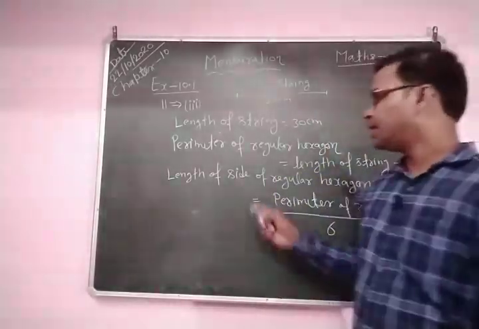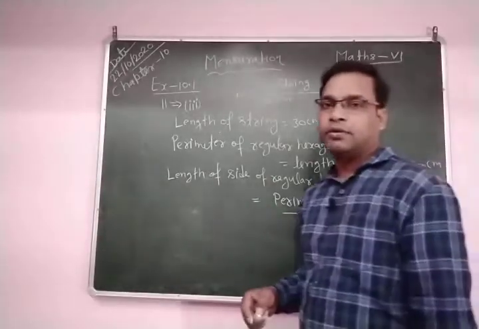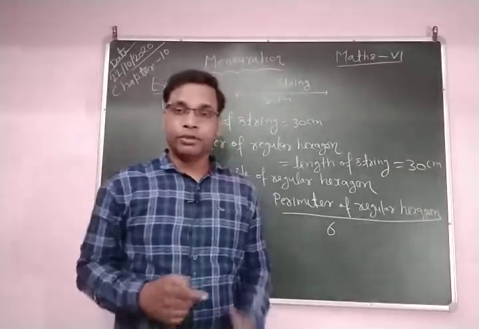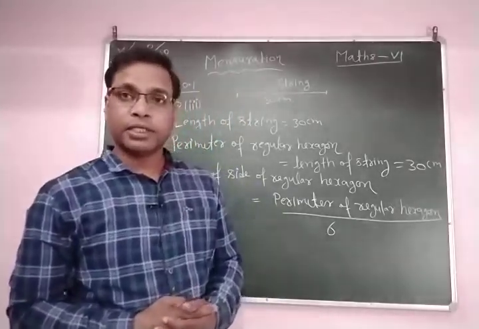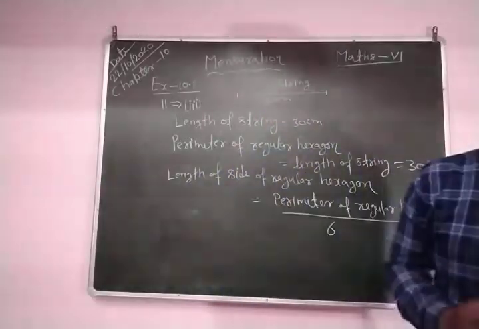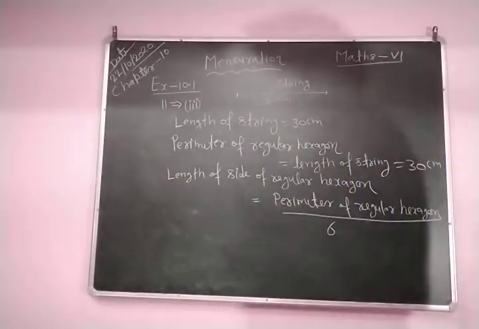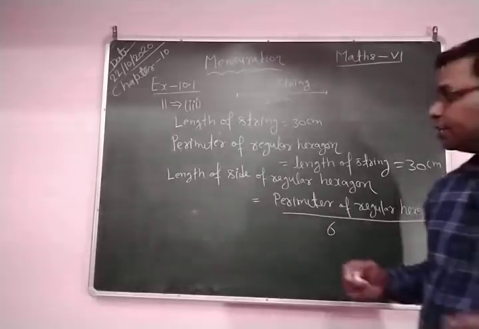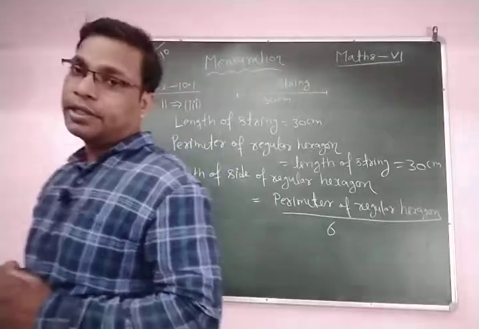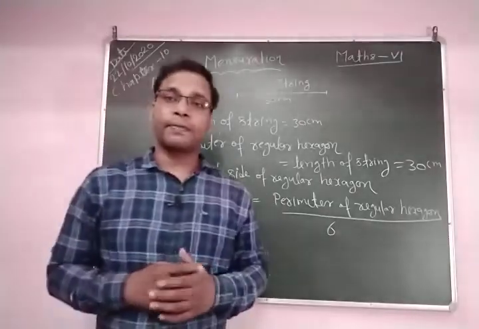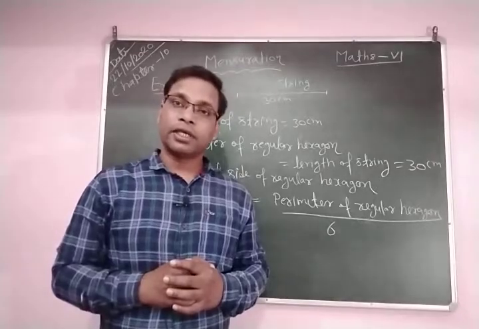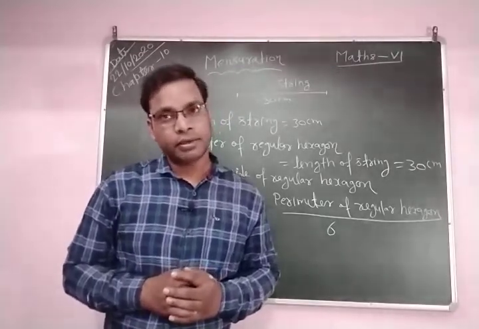But here we need to find the length of the side of the regular hexagon. So if we divide the perimeter by 6, then we obtain the length of the side. Why do we divide by 6? Because if you multiply the length of the side of the regular hexagon by 6, then you obtain the perimeter, and a regular hexagon has 6 sides and each side is equal.